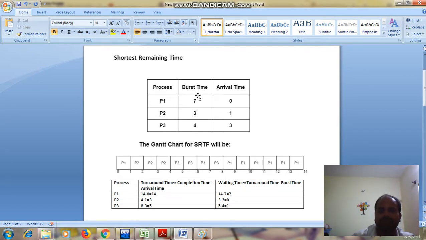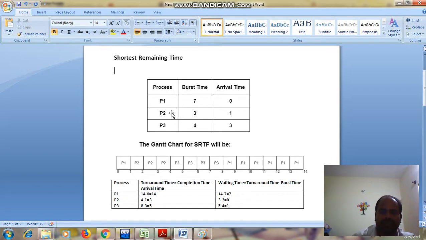Though P1 has the high burst time of 7 seconds, P2 and P3 have not yet arrived. So P1 will be allocated the resource for 1 second, because at 1 second P2 comes.